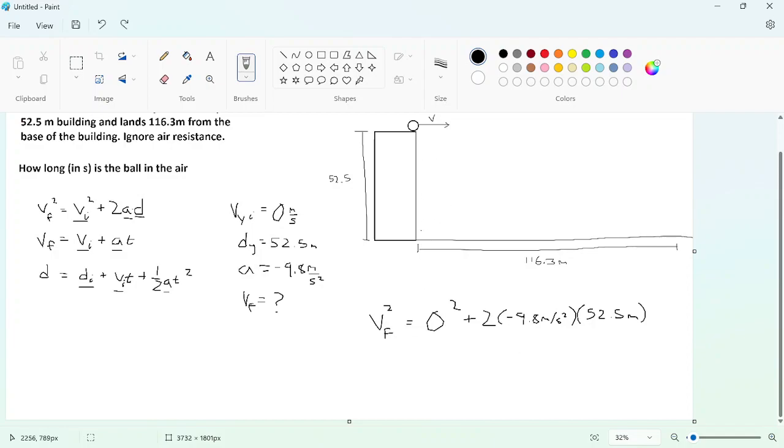In the case of this problem, because it is falling, we know that the final velocity is going to be negative. The negative indicates that the velocity is downwards, not upwards. So we will go ahead and make this positive.